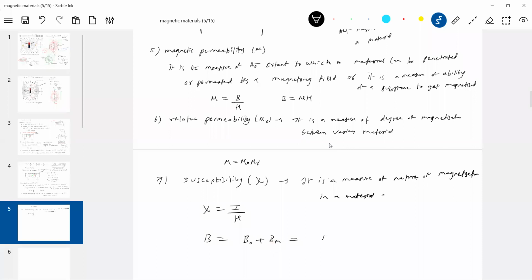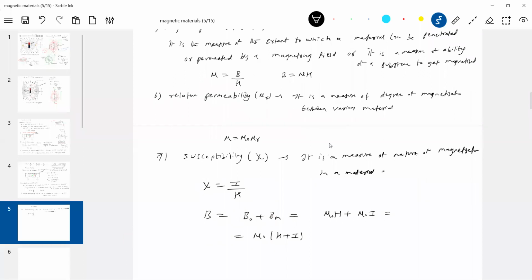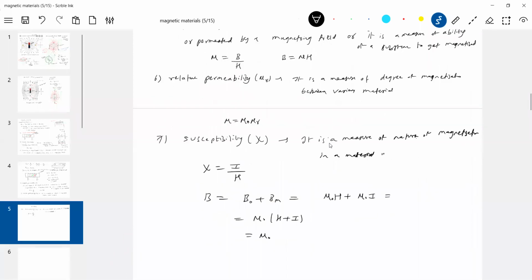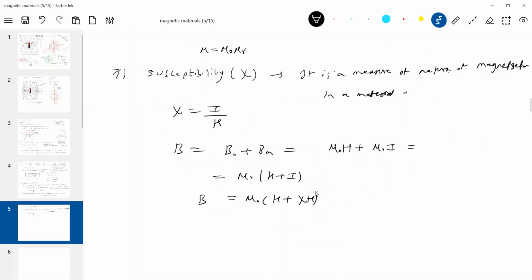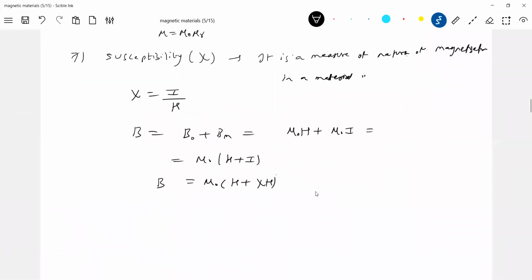B naught is mu naught H. And Bm is mu naught I. So B equals mu naught times H plus I. Then I is equal to chi into H, susceptibility into H. Further, H you take outside: 1 plus chi.